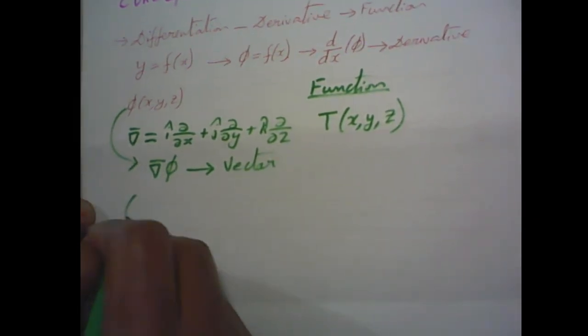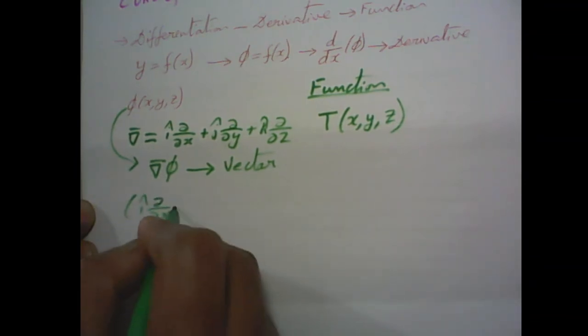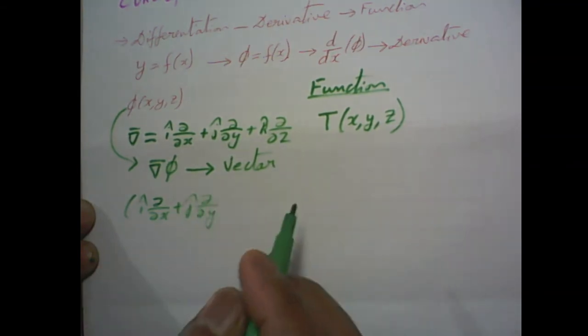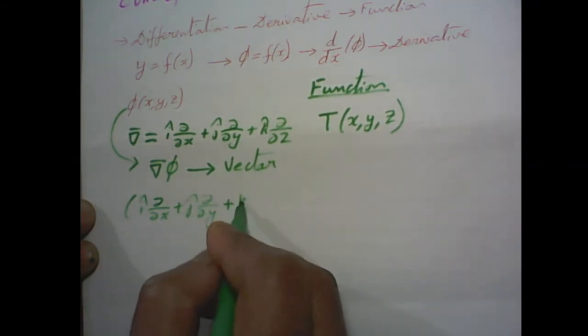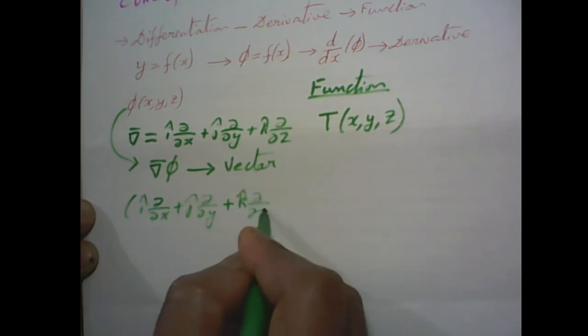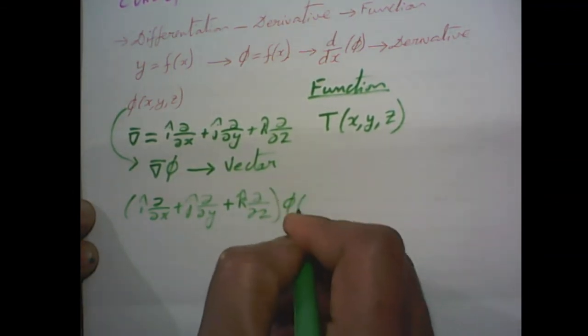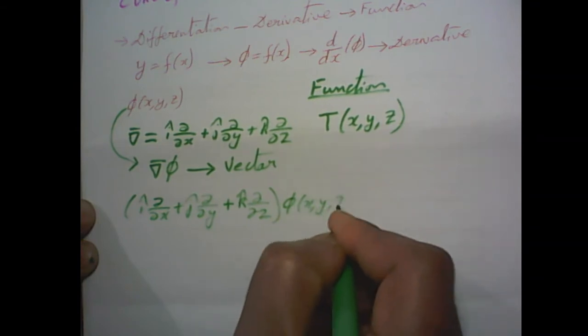So what is del? We talked about it. It's i ∂/∂x + j ∂/∂y + k ∂/∂z operating on phi(x, y, z).